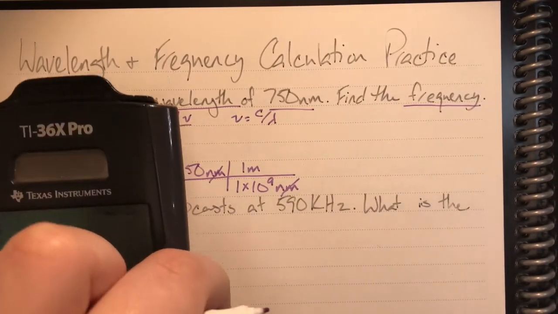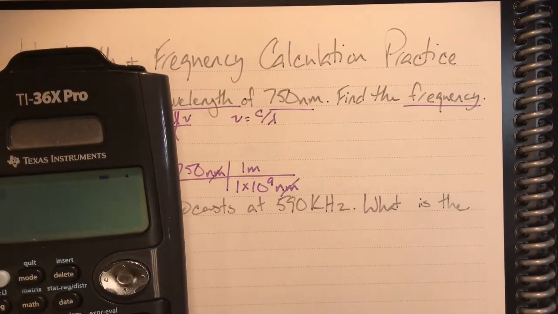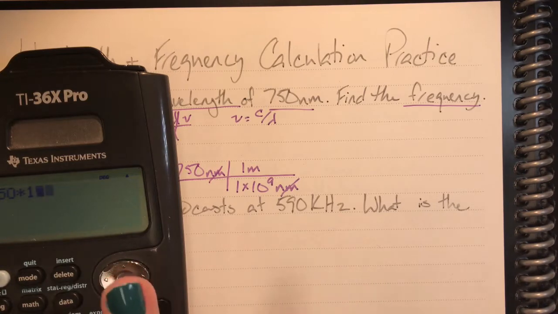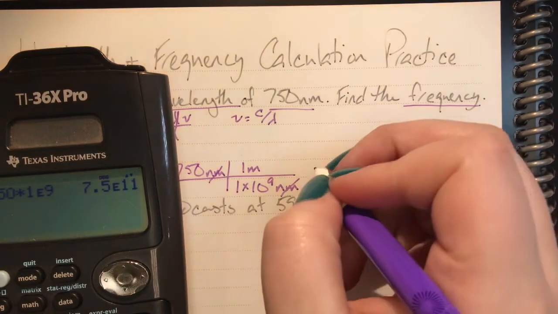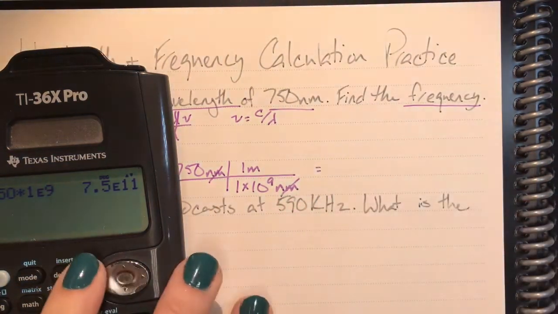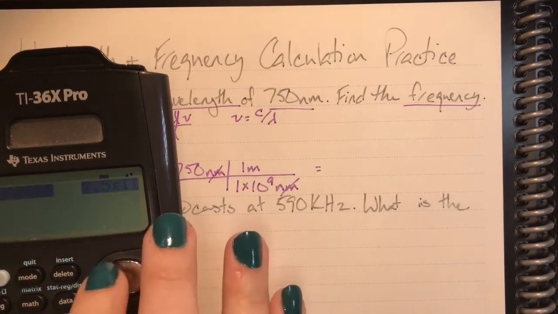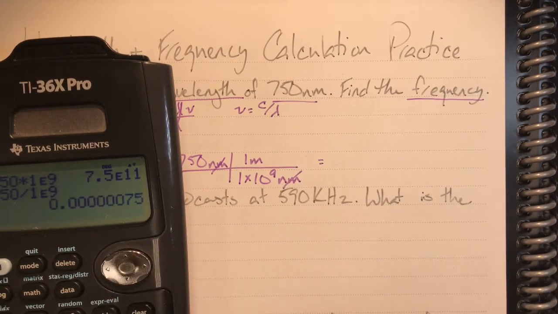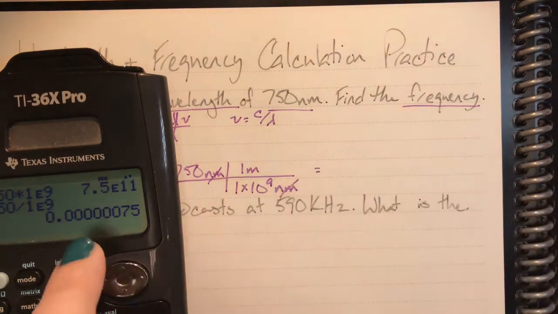So I would just go ahead and plug that in. So 750 times 1 times 10 to the 9th, or E9, that gives me, or I'm sorry, shouldn't have multiplied that. Should have divided. That gives me this number.